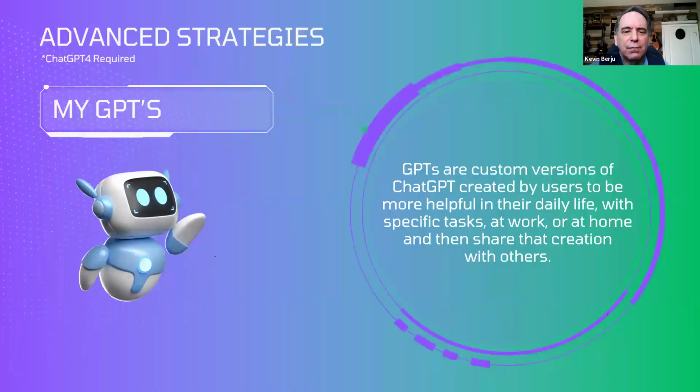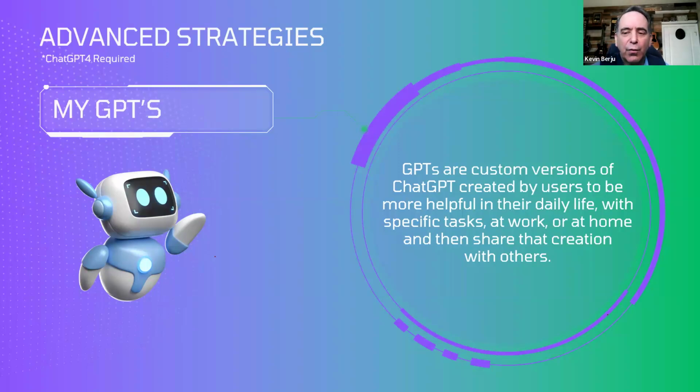Oh, sorry. Okay, here's something new. My GPTs. It's an advanced strategy. You do need ChatGPT-4 for this. My GPTs are custom versions of ChatGPT created by users to be more helpful in their daily life with specific tasks at work or at home, and then share that creation with others.